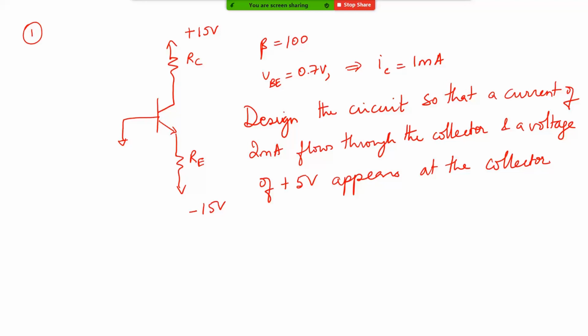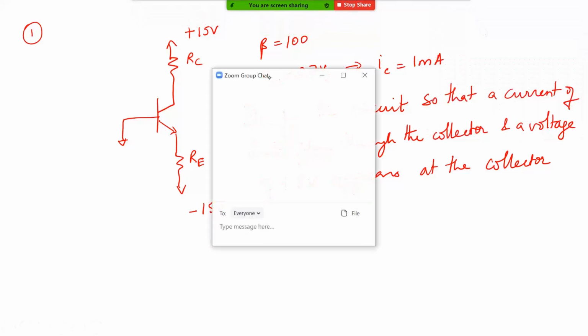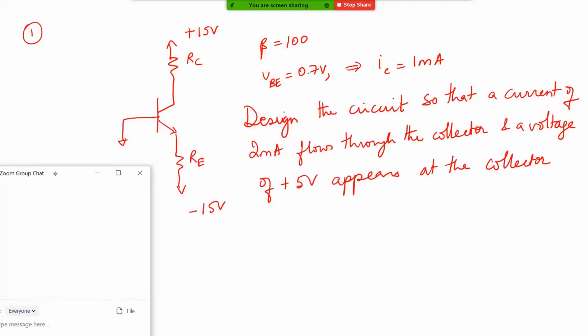Now you need to design the circuit for a collector current of 2 milliampere, and have a collector voltage of 5 volt. Okay, so let's start solving this problem. I'll give you a couple of minutes so that you can try to solve this problem on your own, and then I will discuss the solution. Once you solve it, please do put your answers in the chat box.